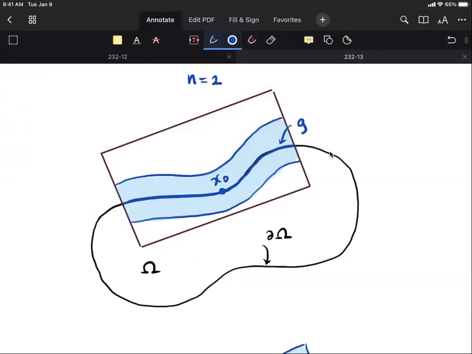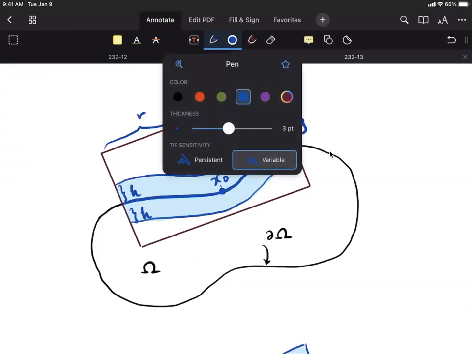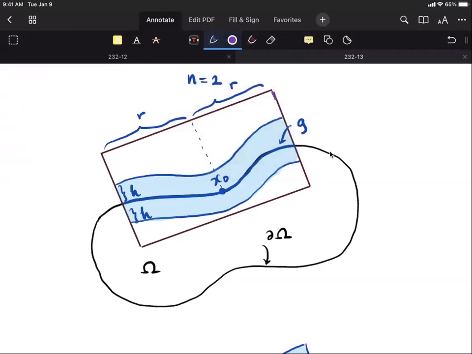The parameter h there is this height, and the parameter r would be this length. And here you have, let's say, this orthonormal basis.